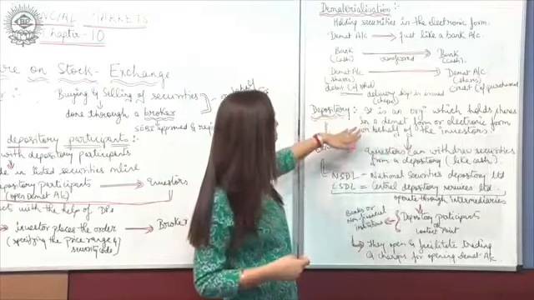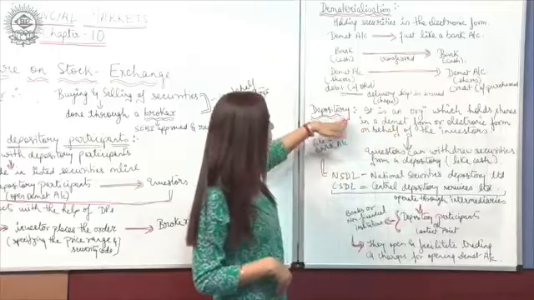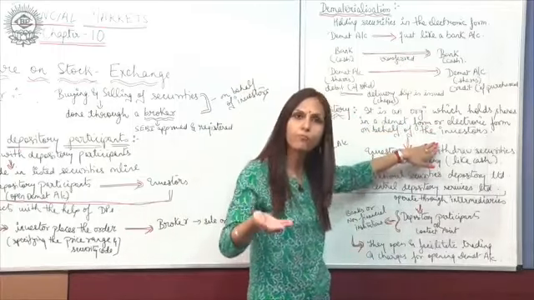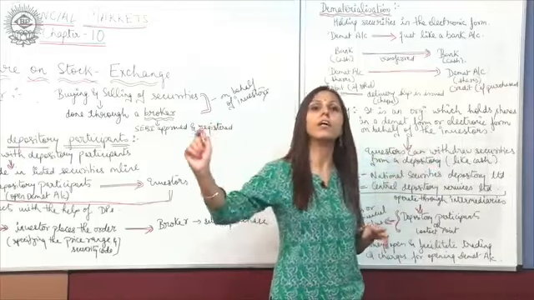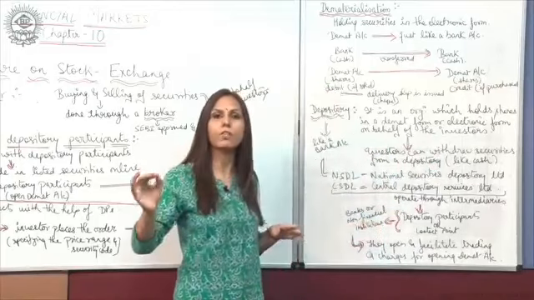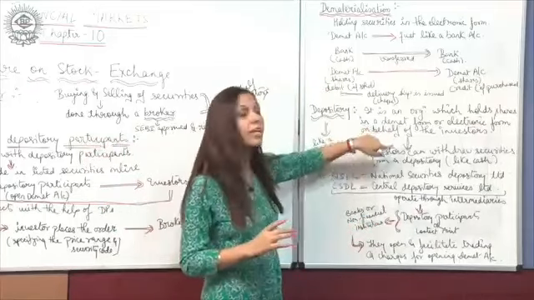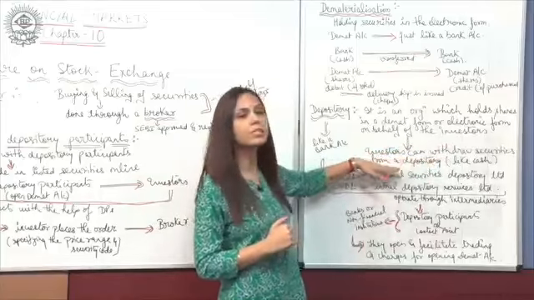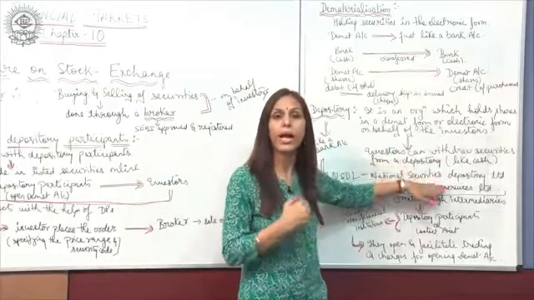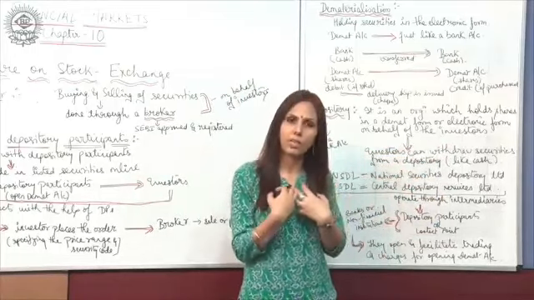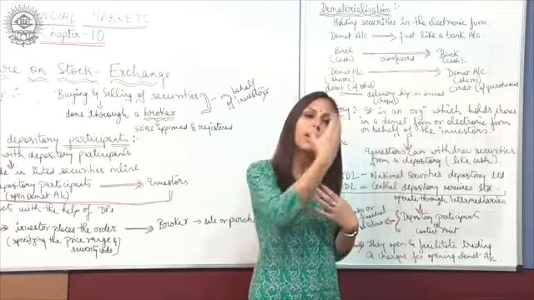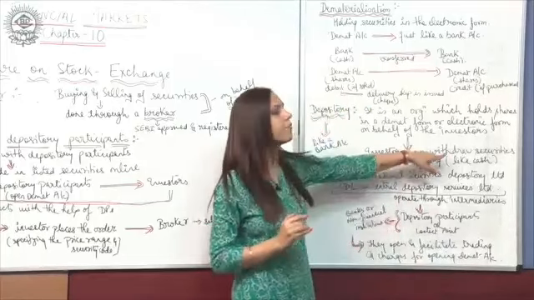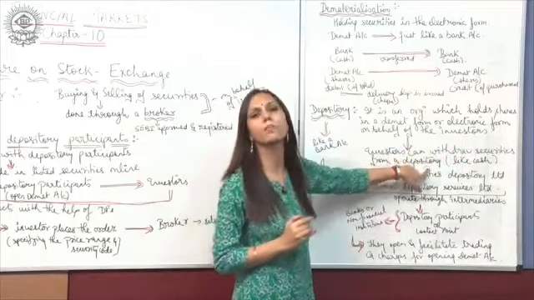Okay. And a depository holds securities in electronic form on behalf of the investors. And investors can withdraw securities from a depository anytime. As we withdraw cash from our bank account when we require cash, similarly, an investor can withdraw securities from the depository.